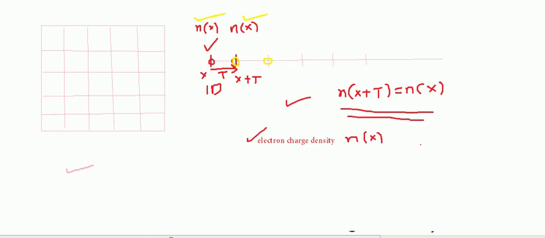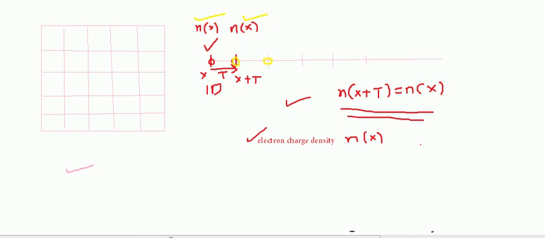There is no way it cannot be periodic, or else the very definition of the crystal has no use. The very definition of the crystal dictates that there is a periodicity in the lattice, and those periodicities occur when you move by the basic lattice vector.